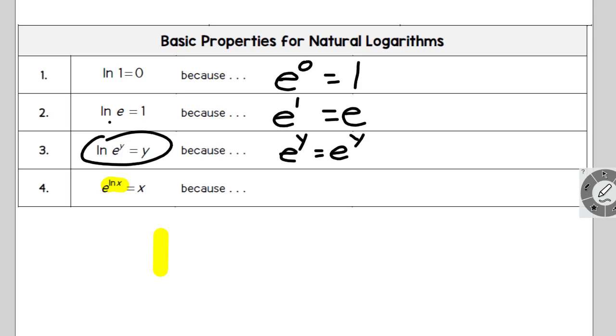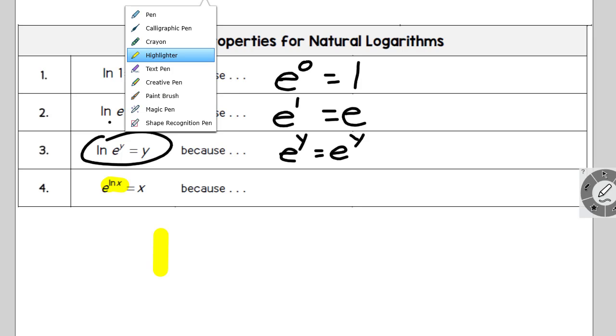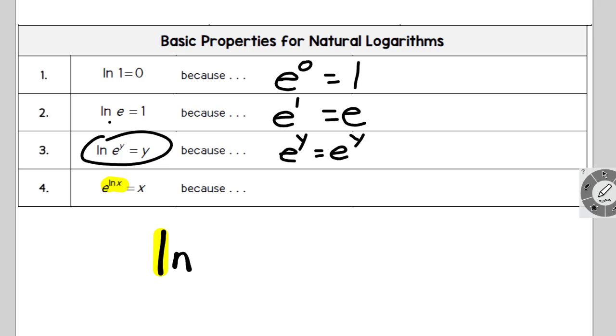Let's say we said natural log of x is equal to y. Then what that says is, if I raise e to y, then I'm going to get x, right? That's what natural log of x equals y means.